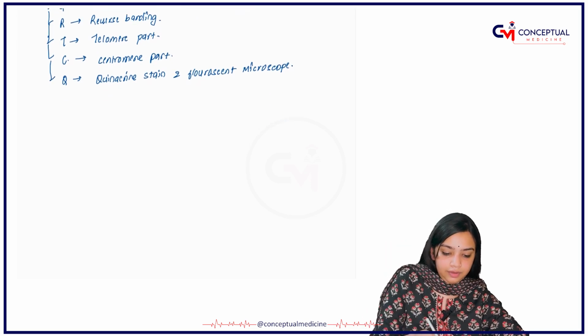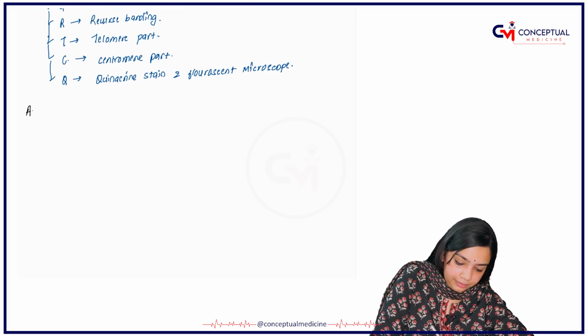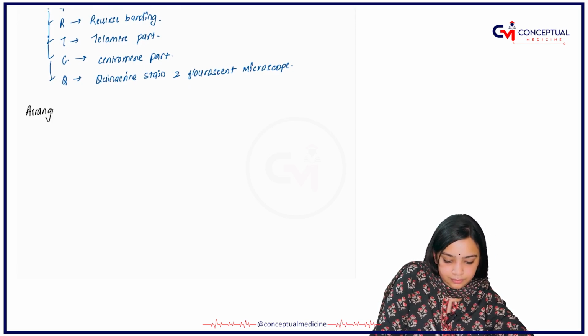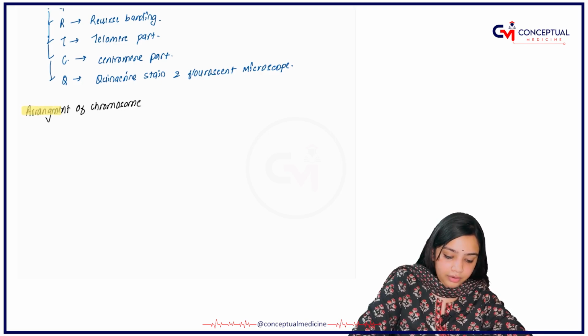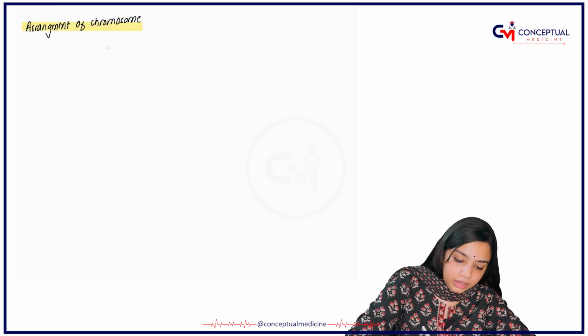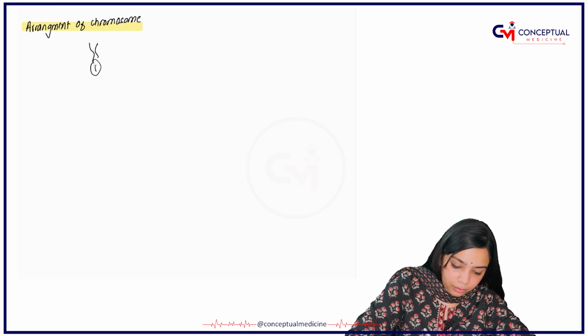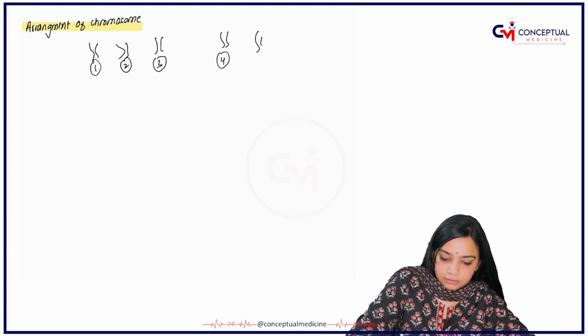Now next we will be talking about the arrangement of chromosomes. And guys, you have to draw it with me, because if you draw with me now, you will be able to remember more. And guys, tell me how many pairs of chromosomes we have.